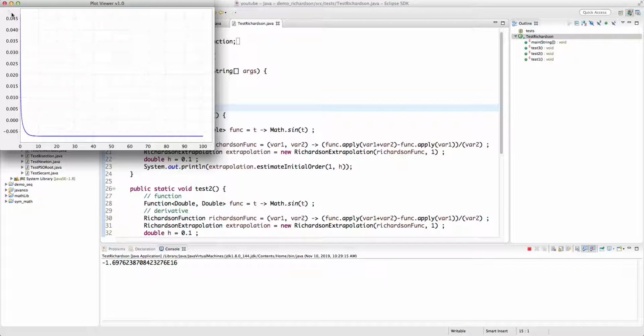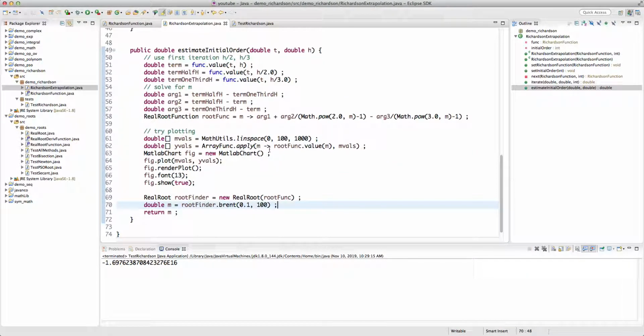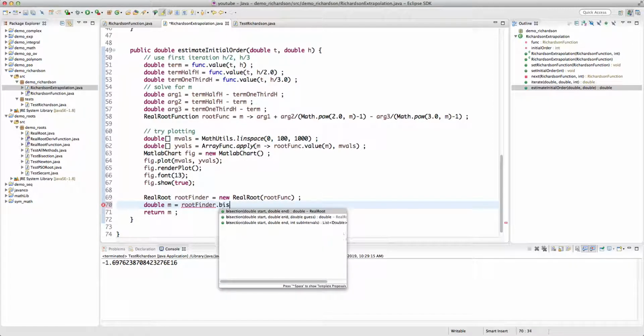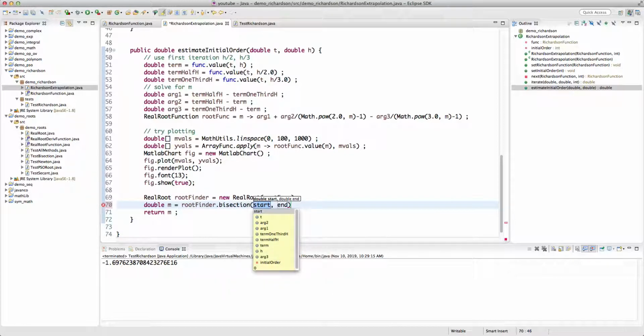And now it's still strange, because we do have a bracket around 0, so let me see why this is not working. Bisection should be able to definitely work. Bisection, double start, which is 0.1, and let's say 100.